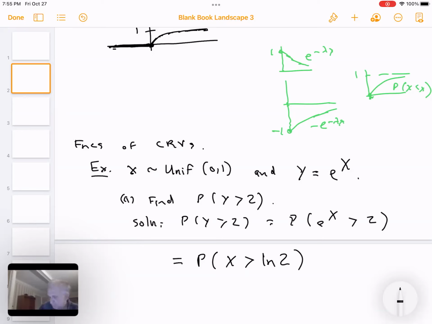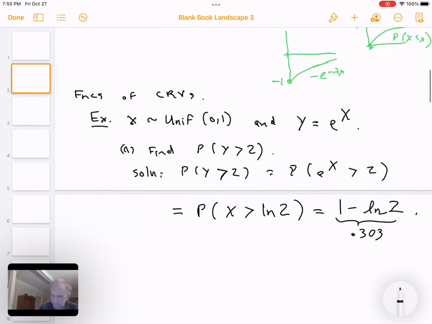And I know the distribution of X, so this is just equal to 1 minus log of 2. Log of 2 is between 0 and 1, about 0.69. So this is approximately 0.30-something. I don't remember. You get it, right? This is the probability that Y is greater than 2.